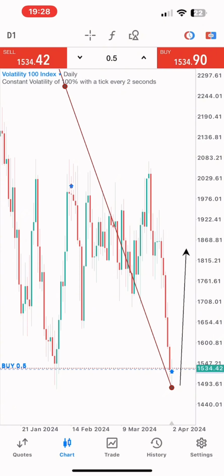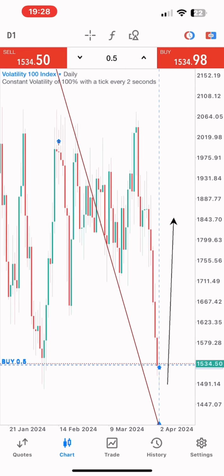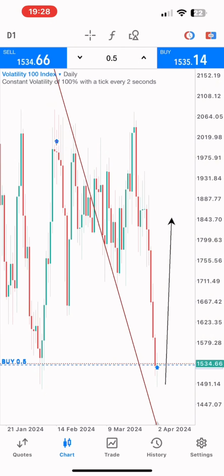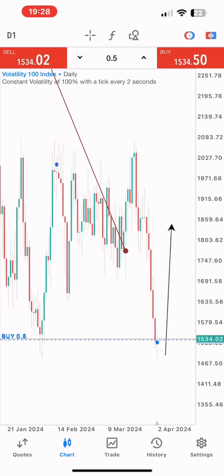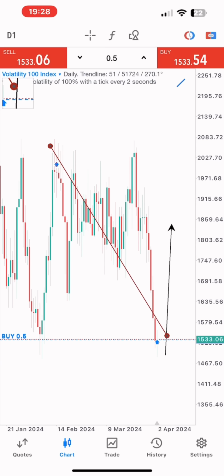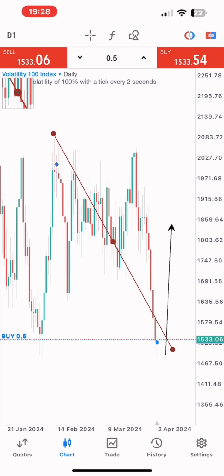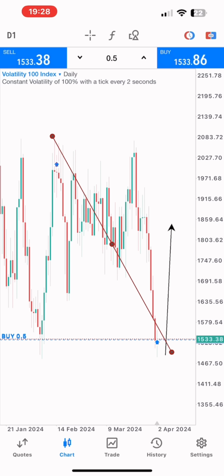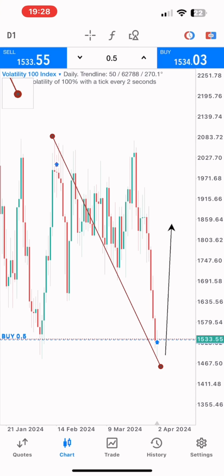According to this setup, I'm anticipating the market to go all the way up. You see, there's a rejection candlestick on the supports, and the candlesticks that have formed were failing to break below, so I'm going to use that as an opportunity to make money.